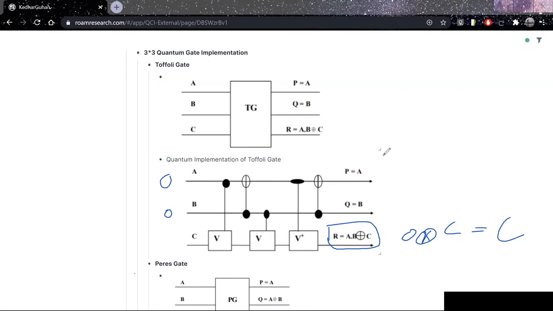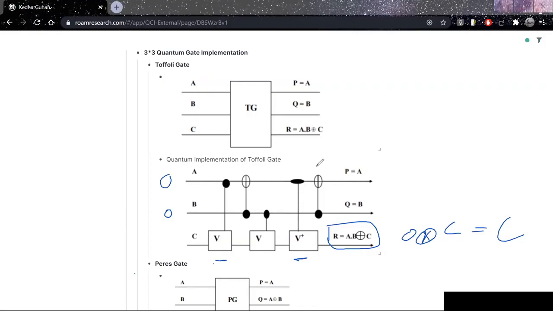Let's look at the implementation. This is a V gate, and this is a V gate, and this is the V transpose gate. The first V gate is applied to C because it is controlled by A. This is the notation that we use.